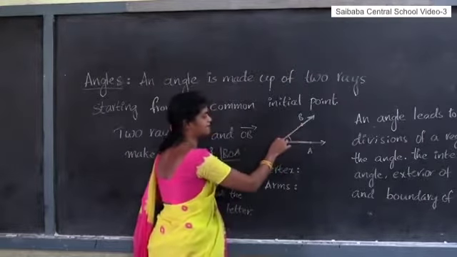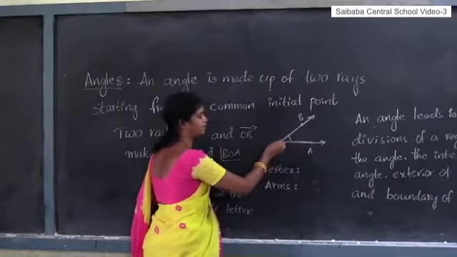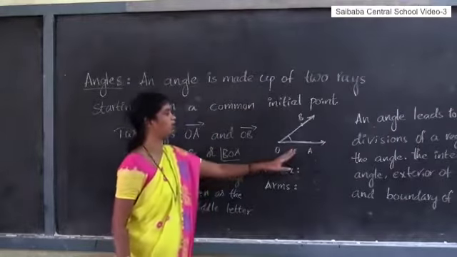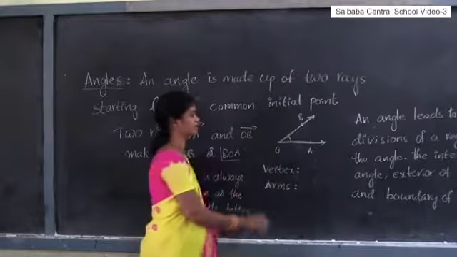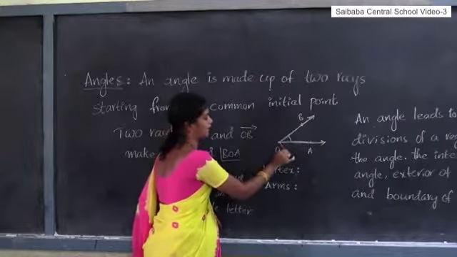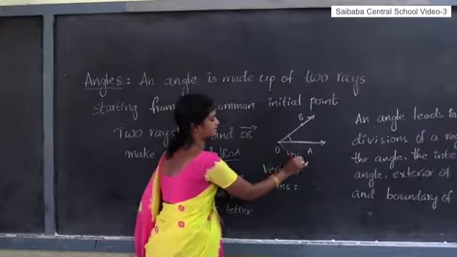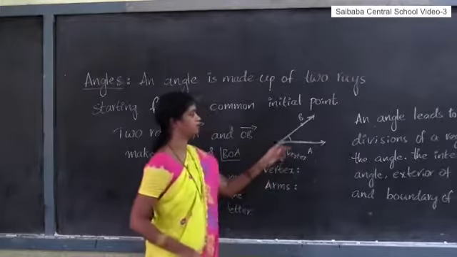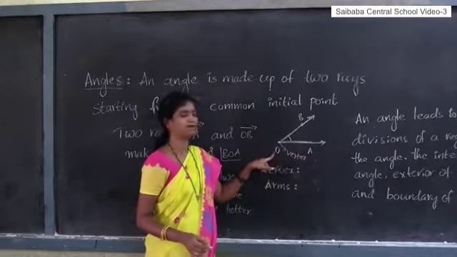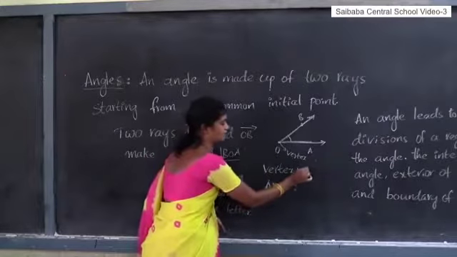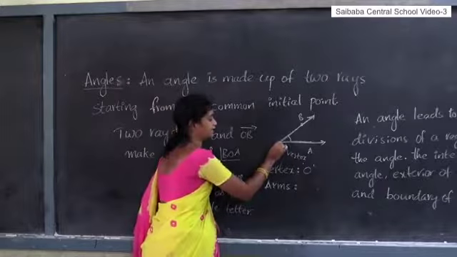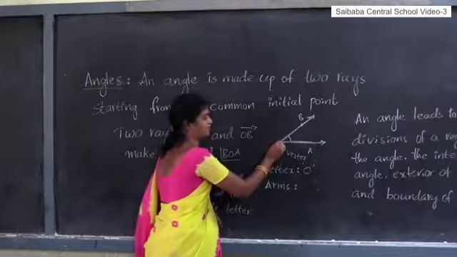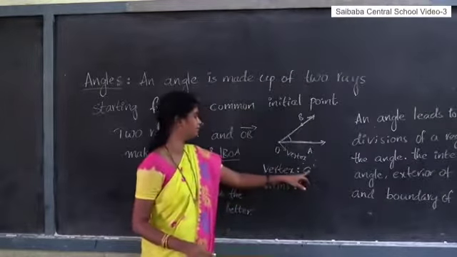Both these rays have the common point O, and both rays are meeting at the point O. This O we will call the vertex. The common point to the two rays is called the vertex. Here in this figure the vertex is indicated with the letter O.